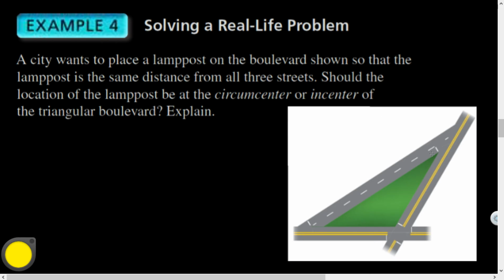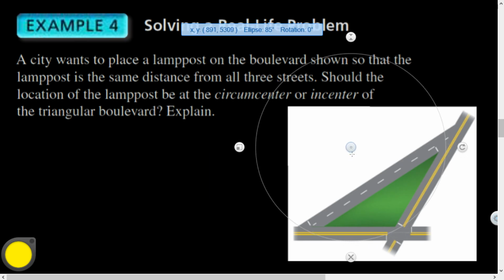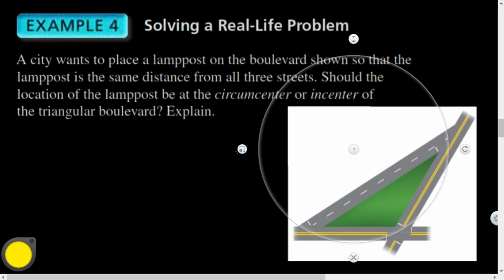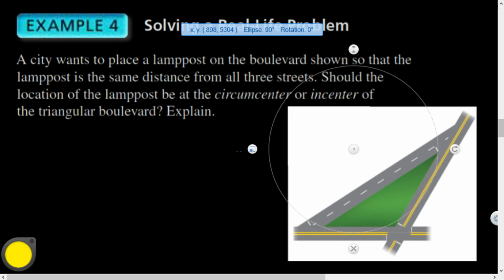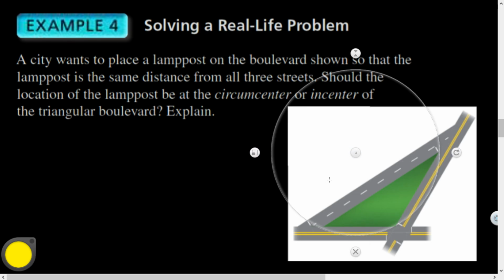Okay, well, I think that if it was at the circumcenter, that would be the circle that passes through all 3 of those points. Let me show you what that would look like, which would be something like this, and that's an obtuse triangle. So the circumcenter is going to be on the outside, right? The circumcenter is going to be right here.